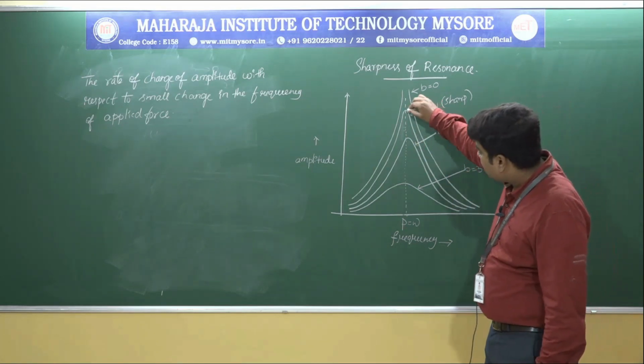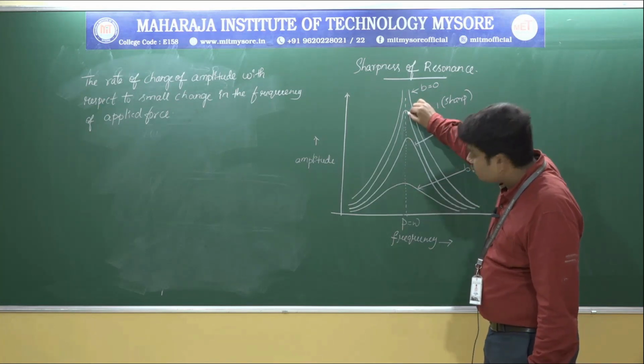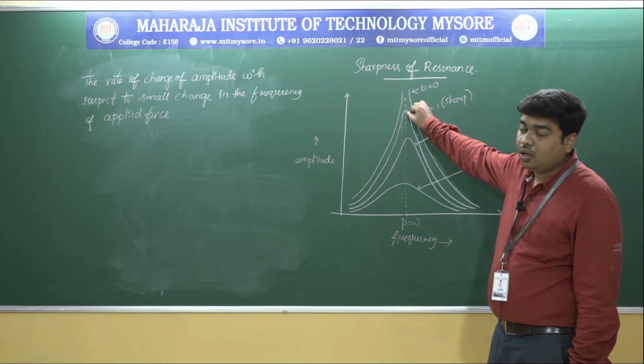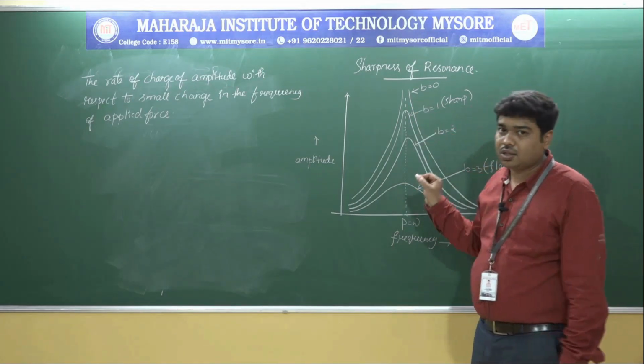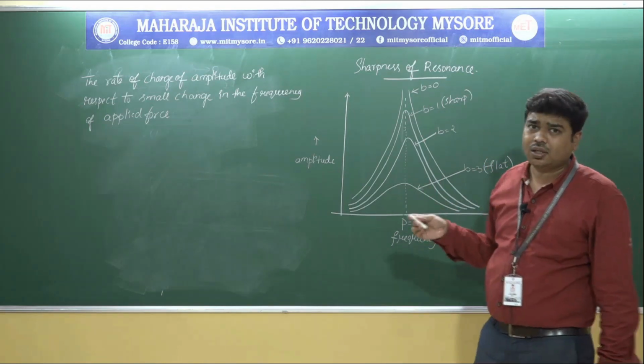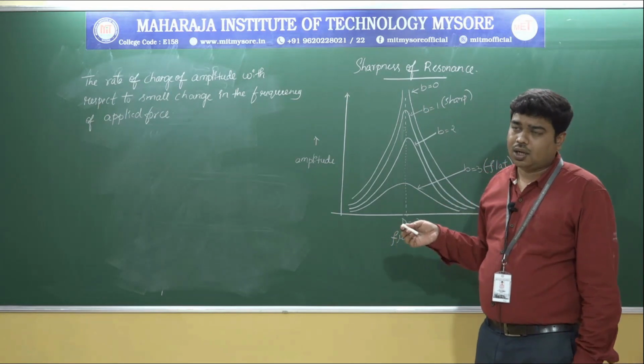As you can see here, say at this point. So at this point, what is happening? The amplitude of the oscillating body has decreased sharply, either if there is an increase or if there is a decrease. So in both the cases, the amplitude of the oscillating body has decreased sharply.